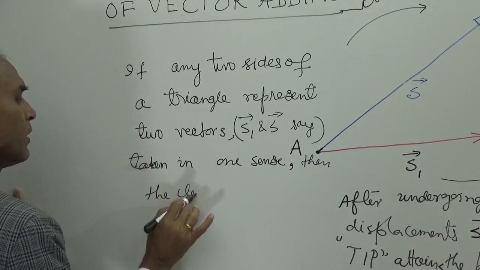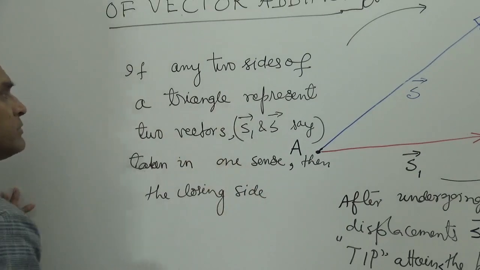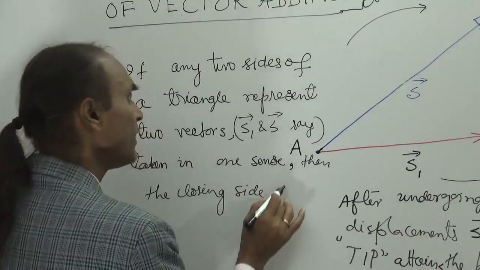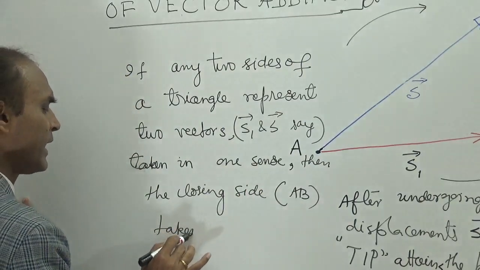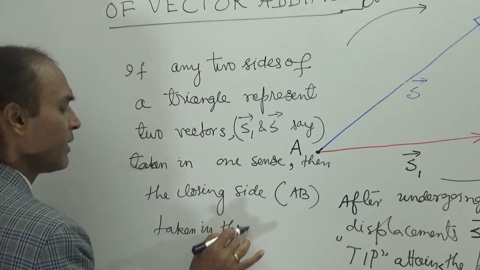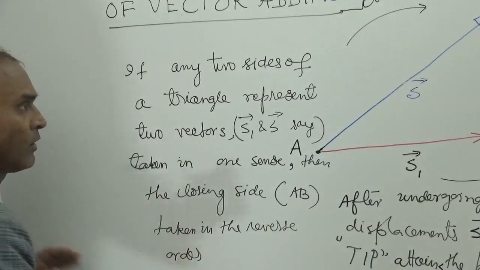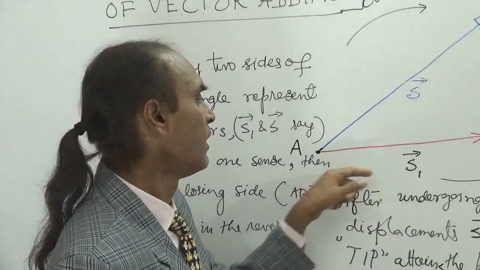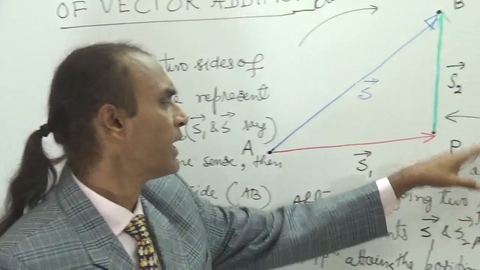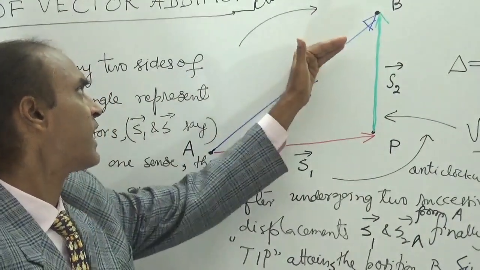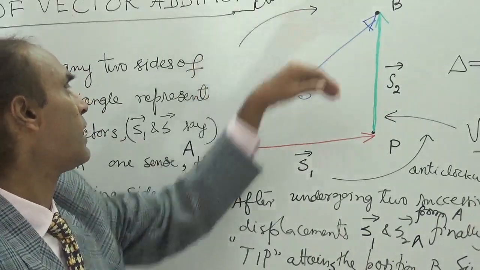the closing side, what is the closing side? AB, taken in the reverse order. What is the reverse order? These two sides are taken in anti-clockwise sense. So this closing side must be taken in the reverse order, means clockwise sense.